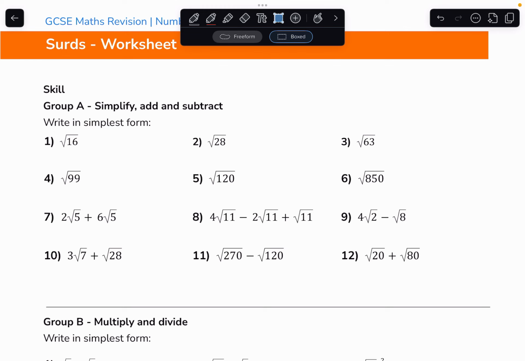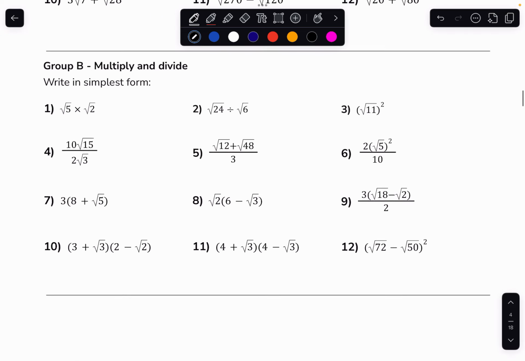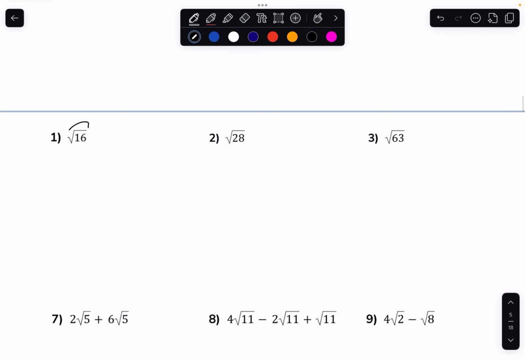Now, coming back to our topic, now we are solving, simplifying, adding and subtracting surds. Here you can see this one is very easy. Root 16. 16 is a square number, a base of which is 4. So 4 will be our answer, right? Because a square can cancel the square root.